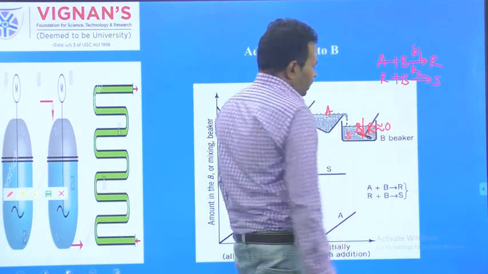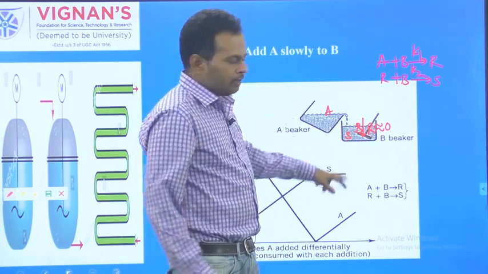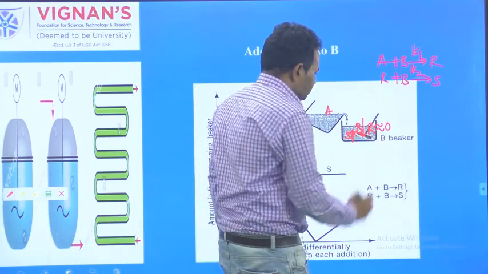Why? Because whatever concentration of R is produced immediately reacts with B, producing S, and the concentration of S increases.